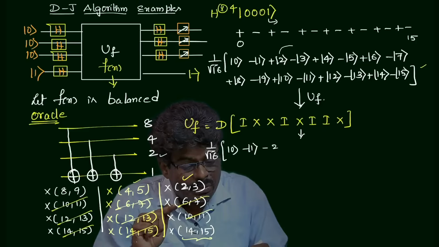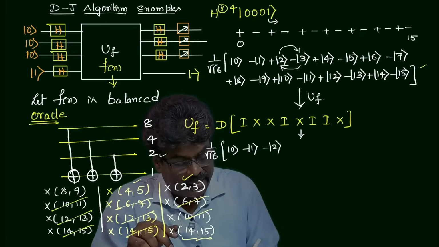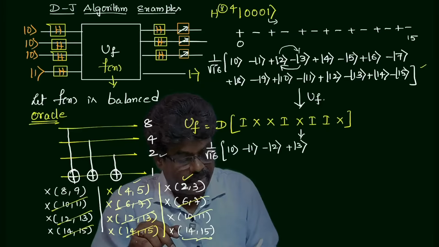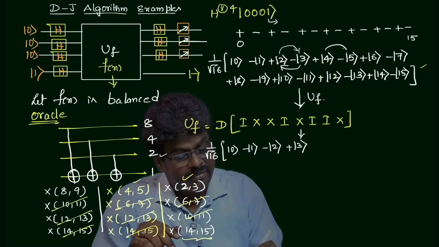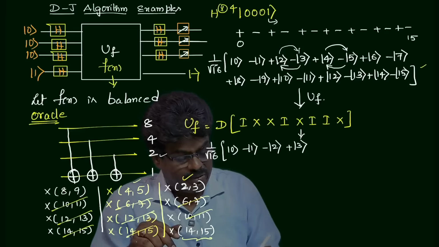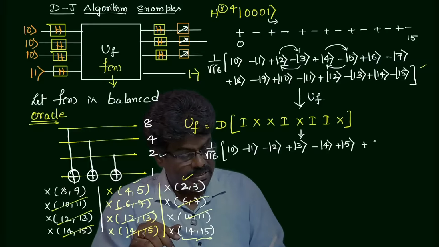So this 2 is going here and 3 will come here. So that's why I'm writing directly minus 2 plus 3. Next 4 5 flip. So that's why minus 4, careful, plus 5. Next 6 7, no change.